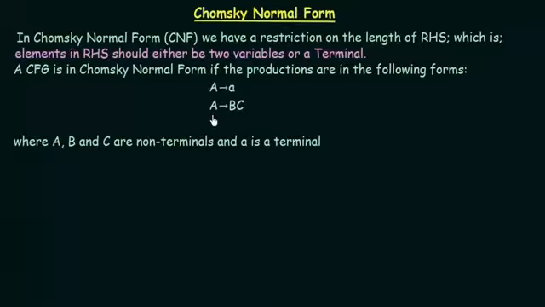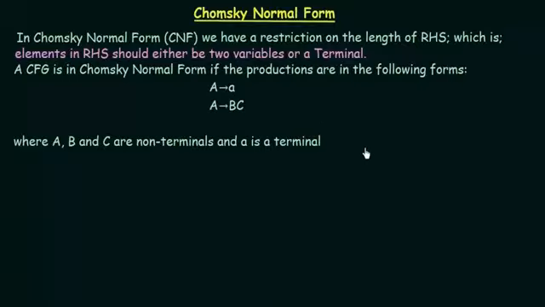In the second production, A gives BC, both B and C are variables or non-terminal symbols. So if we have two variables in the RHS, then also it is in Chomsky normal form. All productions in this form are said to be in Chomsky normal form.